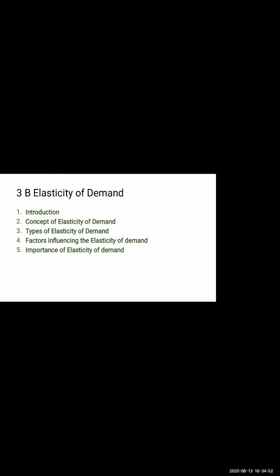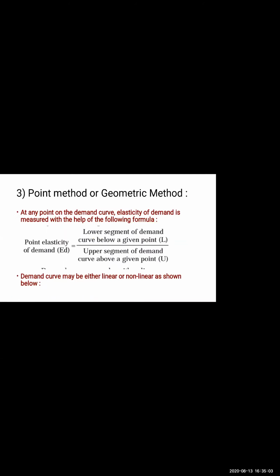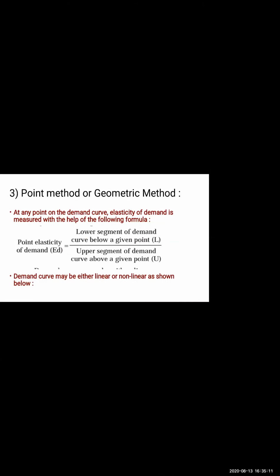Now you will apply the formula. What you all will do? You will apply the formula. The formula for calculating it is the lower segment of the demand curve below a given point upon the upper segment of the demand curve above a given point.